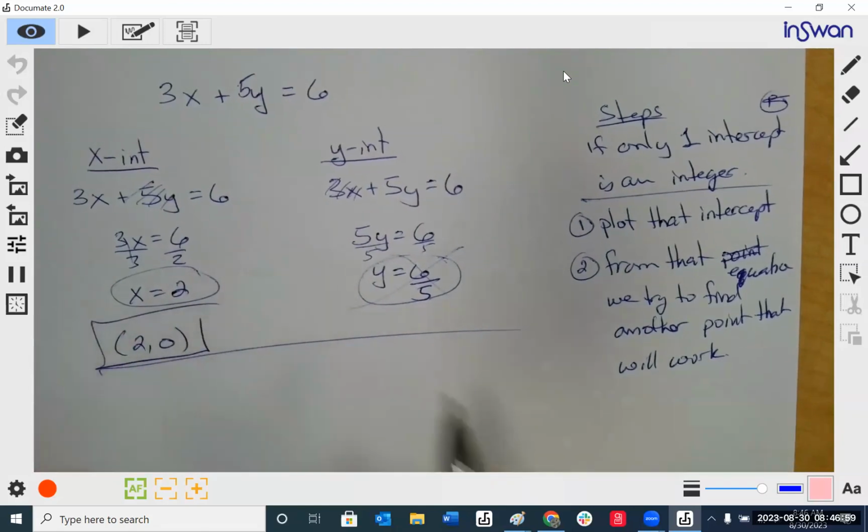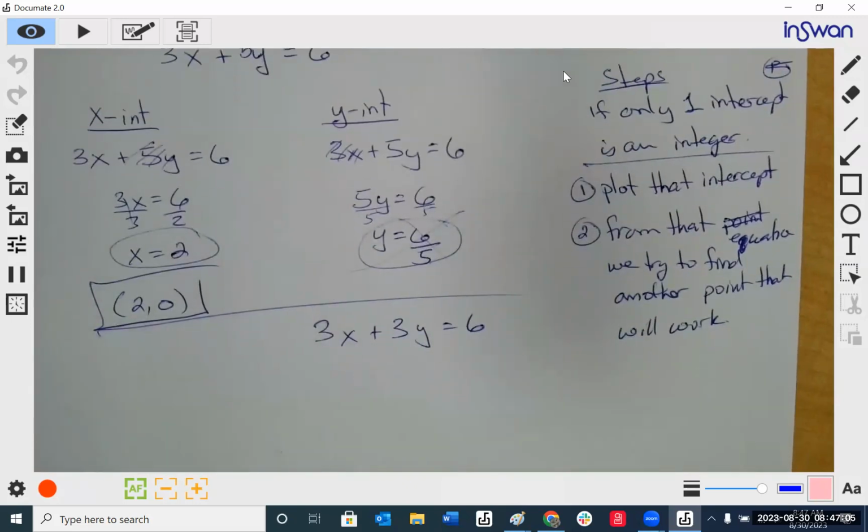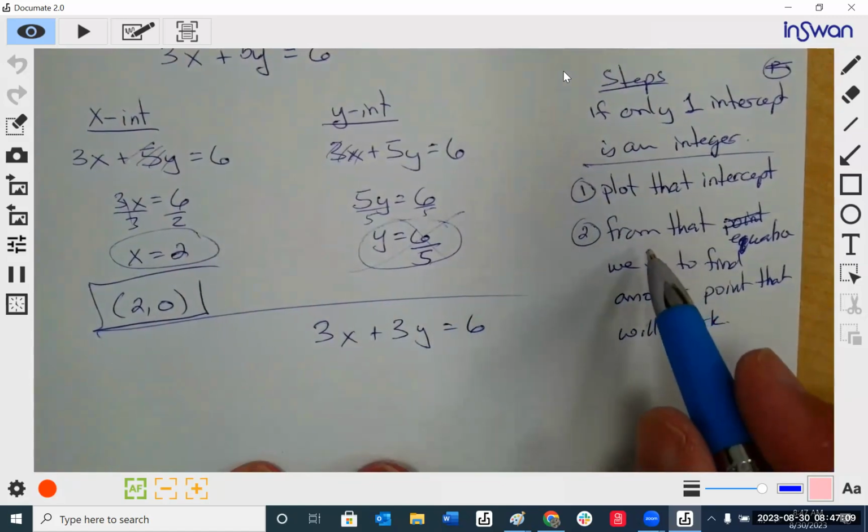So we know we can use that one. What we have to do now is find another point.